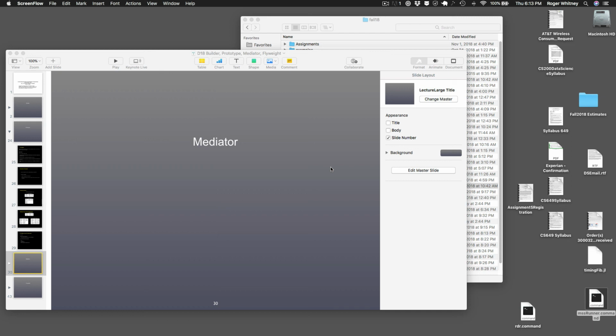Well, what do we need? We need the move expression, right?